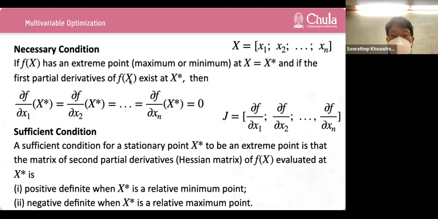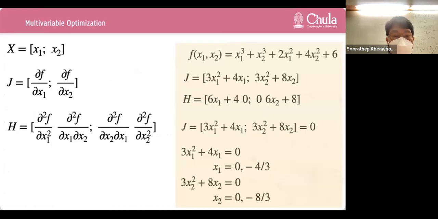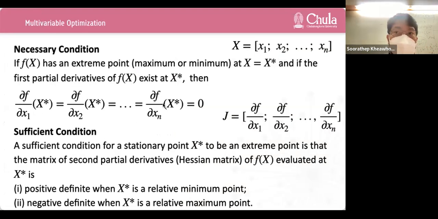To check the necessary condition for multivariable, of course you need a Jacobian first, because in the case of multivariable we have partial derivatives. Okay, you know Jacobian, right? It's a kind of gradient of a function in each direction. Okay, in x1 direction, x2 direction, up to xn.